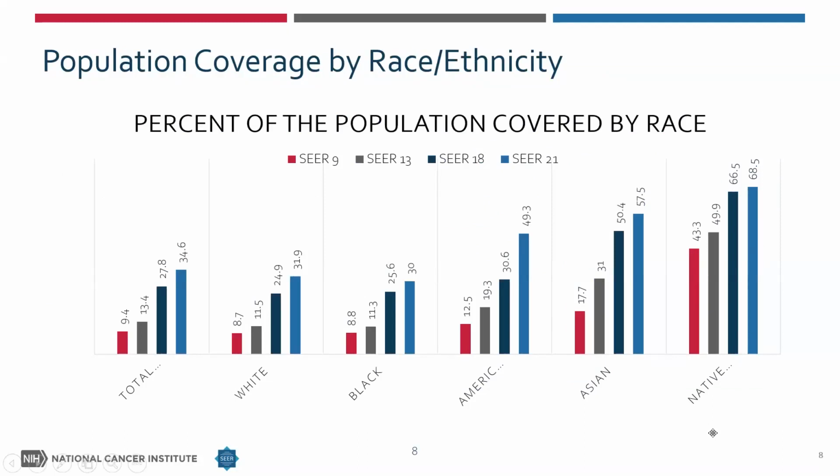And what's interesting to note here is if one is interested in studying cancer burden or cancer risk in minority populations such as American Indian, Alaskan Native, or Asian populations, we cover right now with our SEER 21 about half or more of that population. So it's a very rich source of data for studying cancer burden and risk in those minority populations.